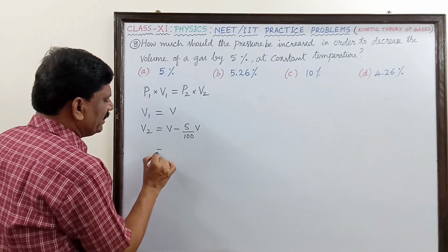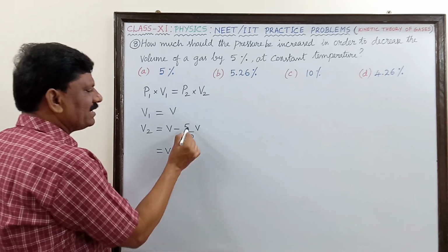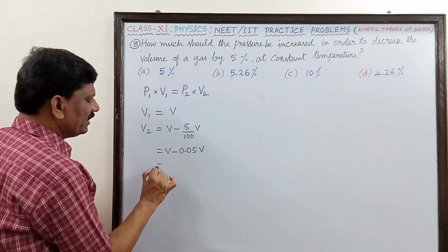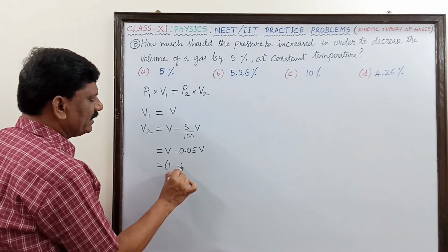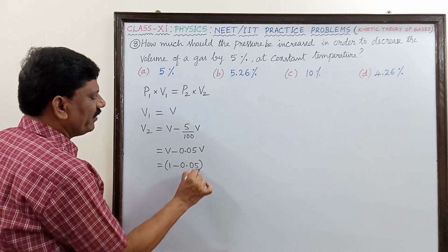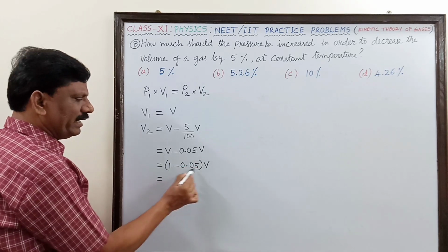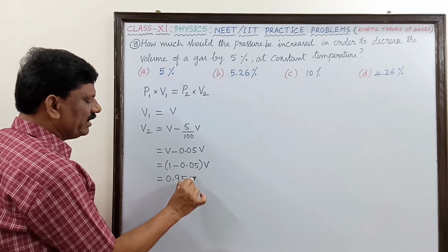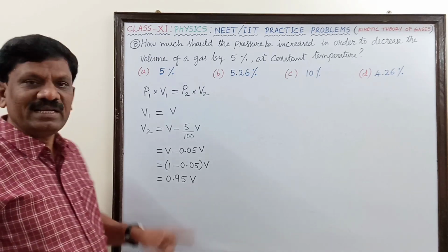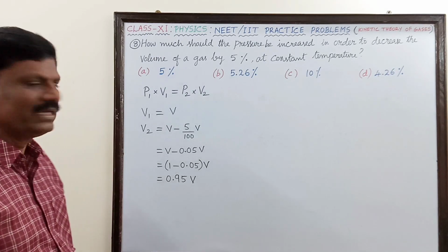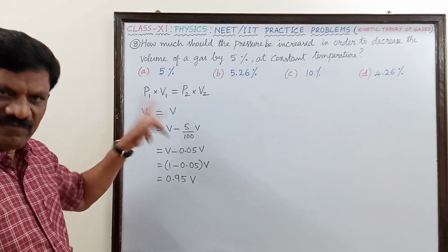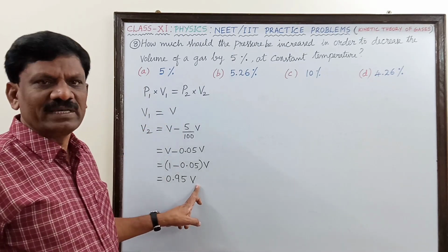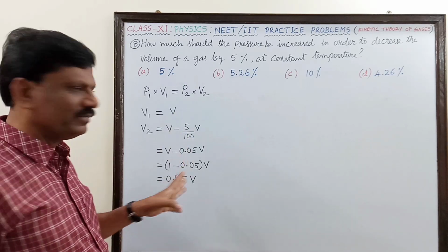This can be written as V minus 0.05 times V, that is equal to 1 minus 0.05 into V. So 1 minus 0.05 is what? 0.95 V. This is very important information for us to solve the problem. So V1 is taken as V, V2 is 0.95 V, 95% of the original volume.